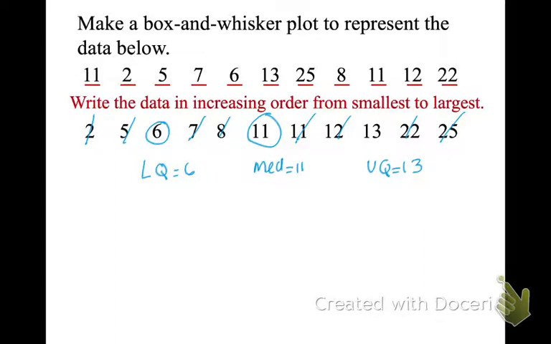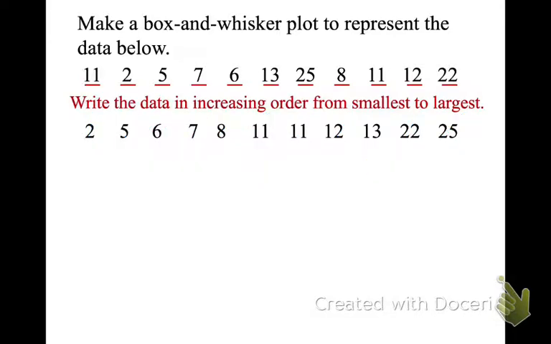And now I also will need my minimum and my maximum. My minimum is 2. All right, I'm not sure if you caught all that because it looked like my recording turned off. So one more time, we put these from least to greatest, and now we're finding the median.